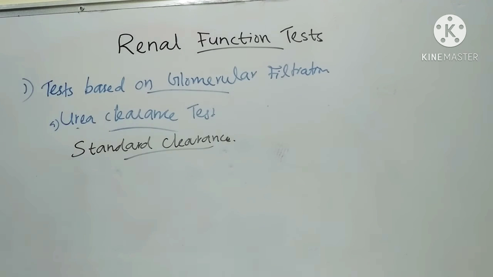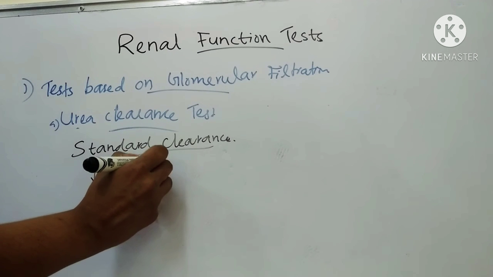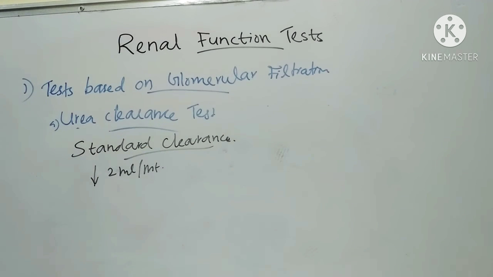Standard clearance. When the urinary volume is less than 2 ml per minute, the rate of urea elimination is reduced because relatively more urea is reabsorbed in the tubules, and it is proportional to the square root of the urinary volume.